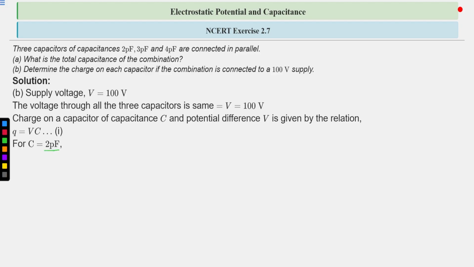For the first capacitor of 2 picofarad, charge on this capacitor will be VC. V is same for all capacitors, 100 volt. And for this capacitor C is 2. So charge on this capacitor is 200 picocoulomb, which is 2 into 10 to the power minus 10 coulomb.